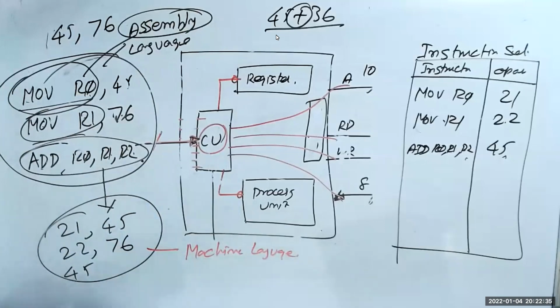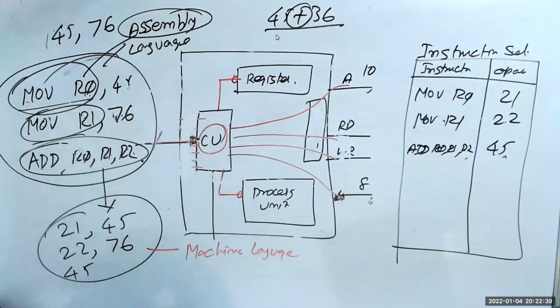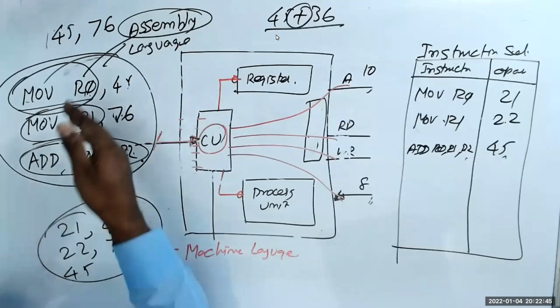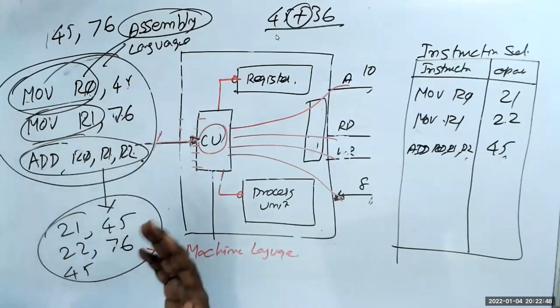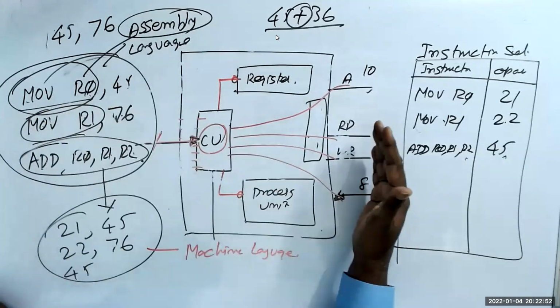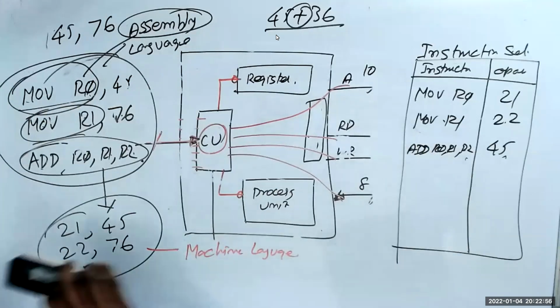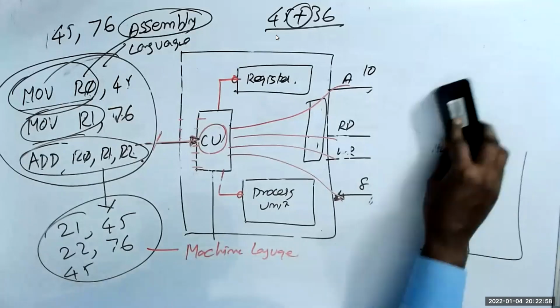But the problem here is I stored 45 and 76, and very unfortunately, if I use R0, R1 once again, this will get erased. So what people thought is, I don't want to do that. I want to store it in the memory. Now let us remove this because I have the dictionary about the instruction set.